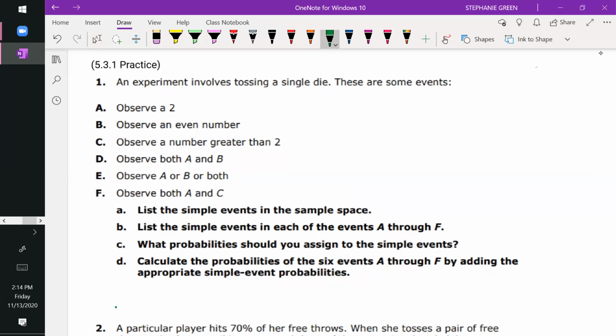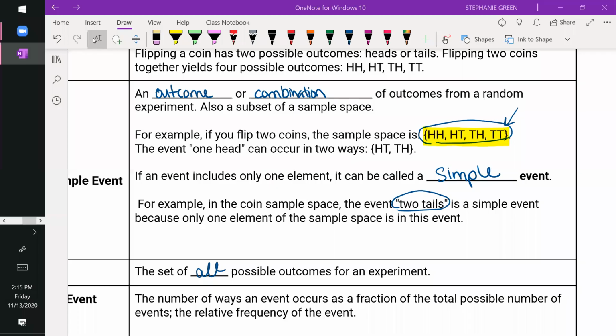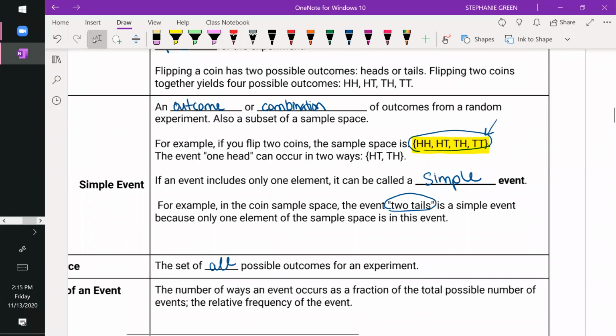So simple events, if I come back to my notes in 5.2.1, it says a simple event is an event that includes only one element. For example, in a coin sample space, the event 2 tails is a simple event because only one element of the sample space is in this event.